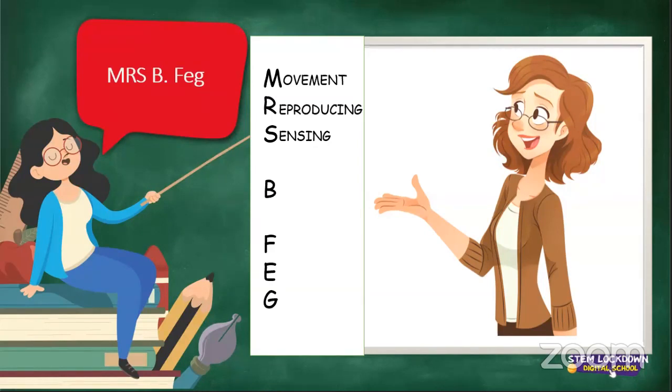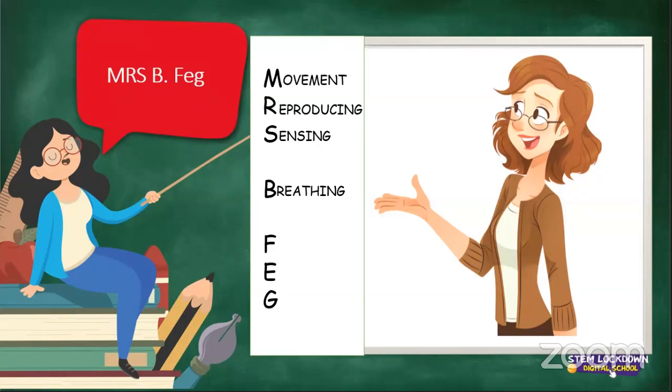Okay, the B for Mrs. B. What does the B stand for? Do you need a clue on that one? If you listen carefully. There it's coming. What am I doing? Good, you guys. Breathing. Mrs. B. Fig, what does the F stand for? Feeding. Feeding, good.